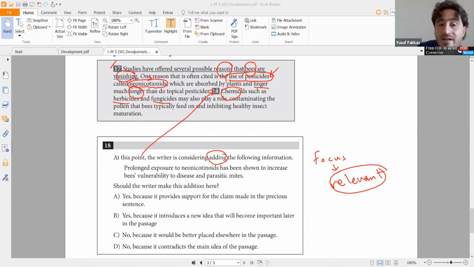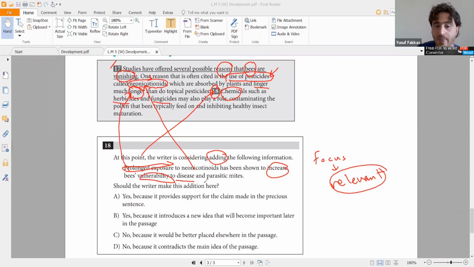And here they are asking about something in the middle between the two reasons. If I read the sentence, look, prolonged exposure to neonicotinoids. So neonicotinoids is already mentioned here, and the idea of prolonged exposure is already mentioned here. They linger much longer. Okay, has been shown to increase what? Bees' vulnerability. Okay, weakness to what?